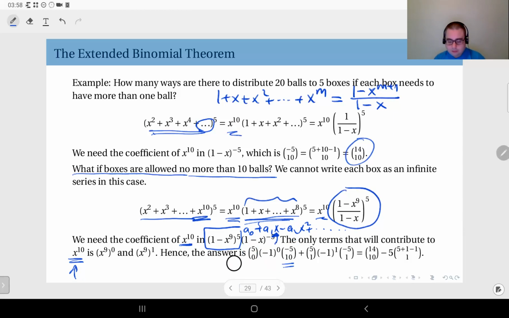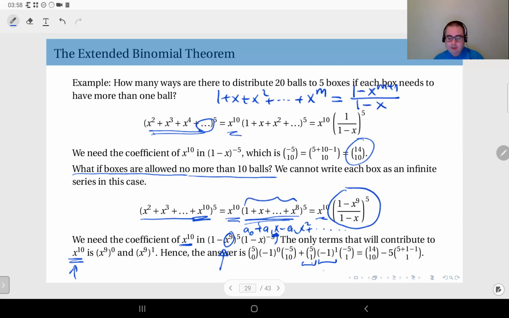Plus, to this configuration, I'm going to add the case where I'm selecting one x to power 9 and one x from the second part. So that is 5 choose 1 for just this one. And that is minus 1 to power 1 times minus 5 choose 1 for the second part.